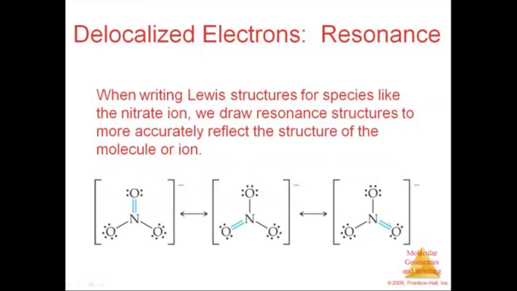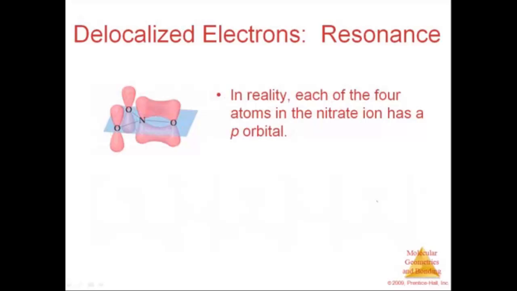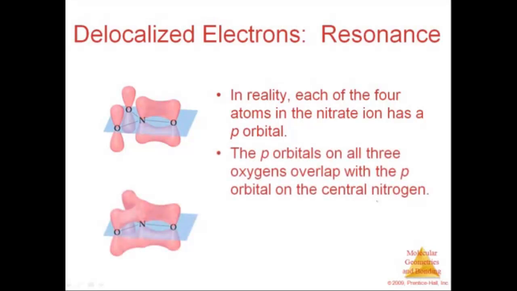Now we want to talk about what happens with resonance. So we talked about resonance when we're drawing Lewis structures, and we said that when we have resonance structures, no one structure itself can explain the molecule, and you need to have these brackets and show multiple structures, because the double bond can be on any one of those three atoms. But in reality, each of the four atoms has a p orbital, and the p's overlap on all three around the central nitrogen.